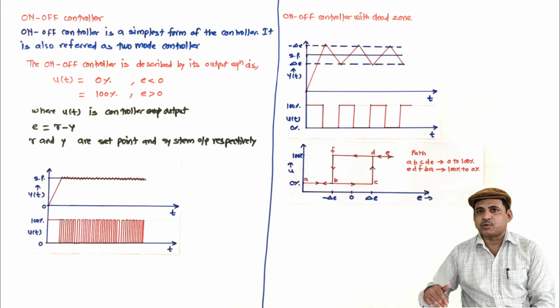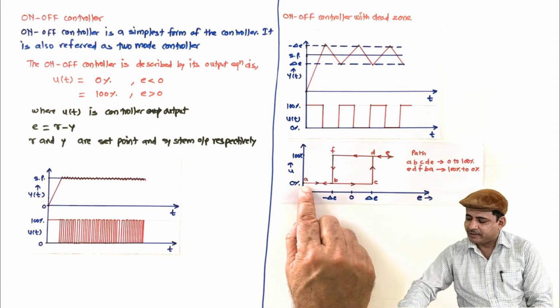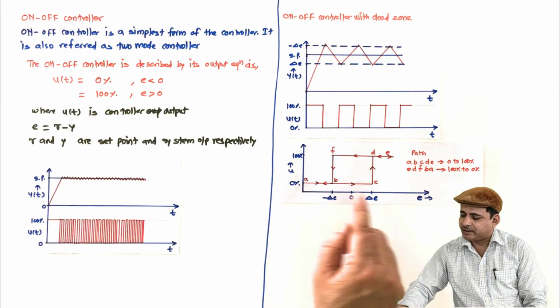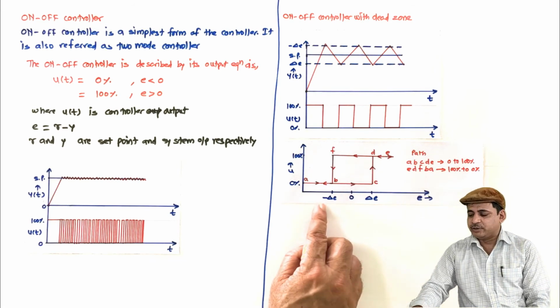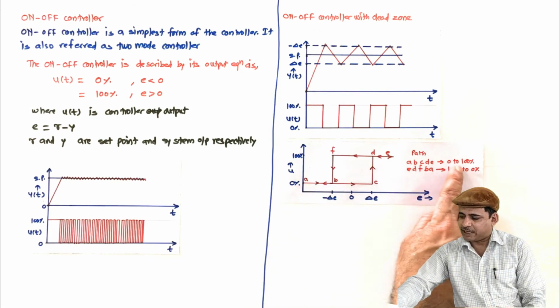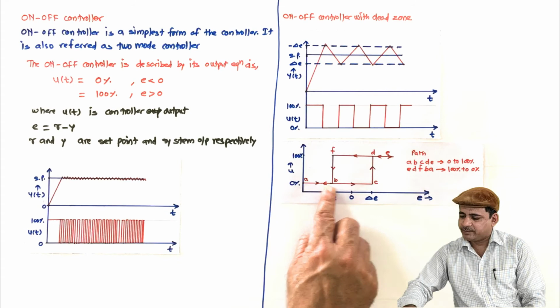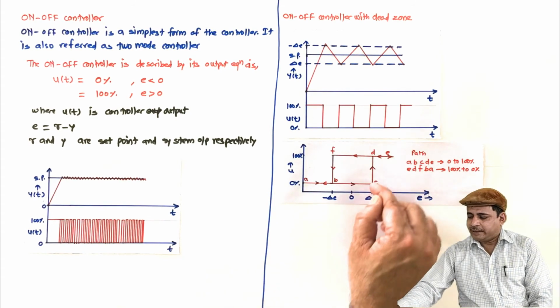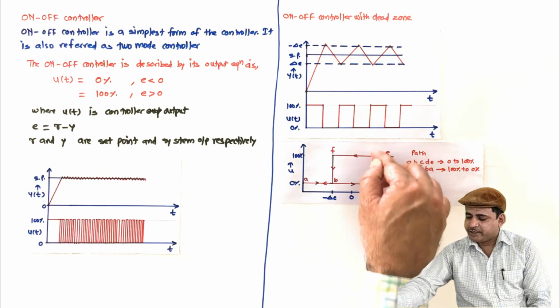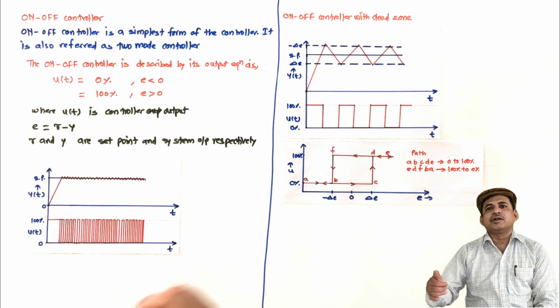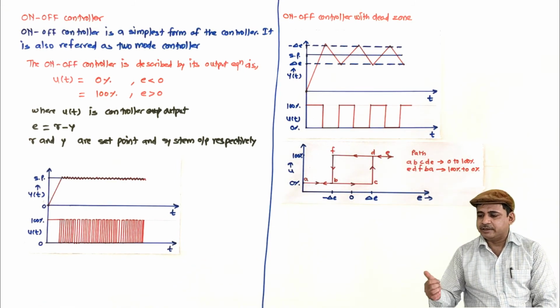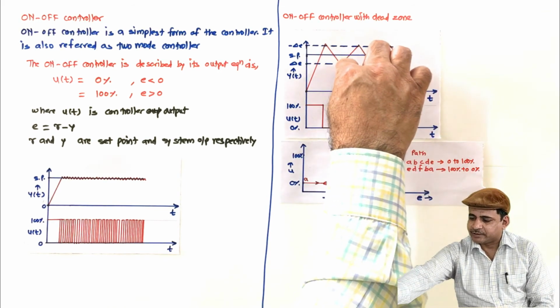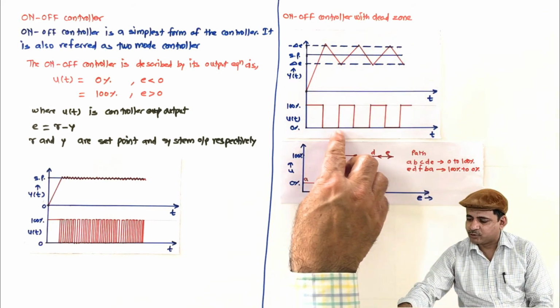So the output rises from 0 to 100 when the error is more negative than negative delta E. The path from 0 to 100% is A to B, B to C, C to D, D to E. It switches from C to D when the error becomes more positive than delta E. So at this location the output is switched from 0 to 100.